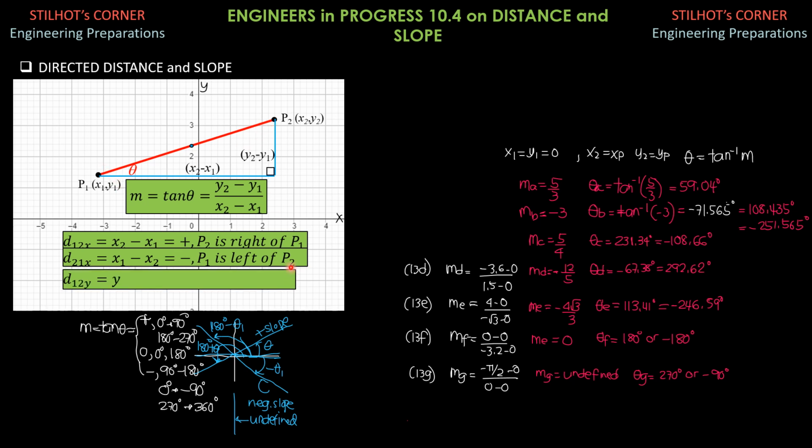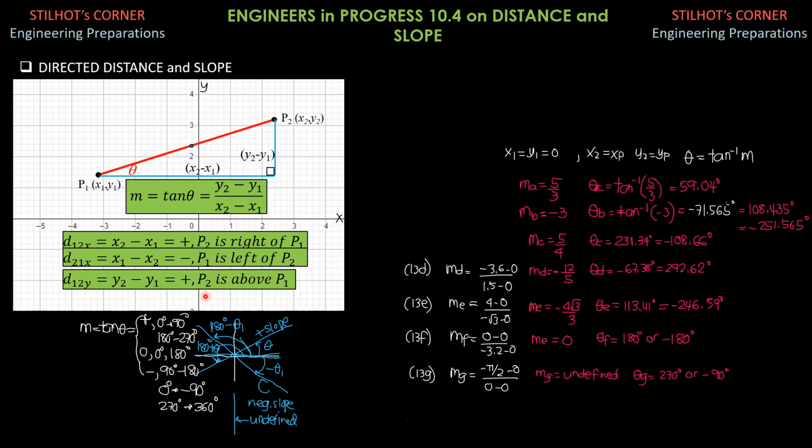Then the directed distance from 1 to 2 along y, because the direction from 1 to 2 along y is upward, is expected to be positive. Based on our definition, 2 is the terminal point, so you have y2 minus the initial point, the y coordinate of point 1, y1.